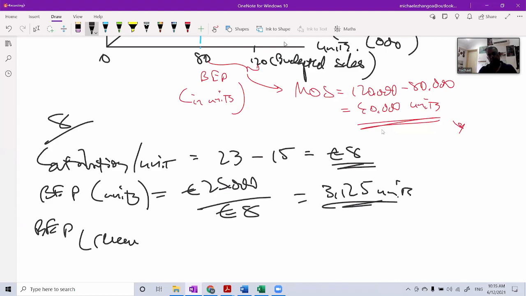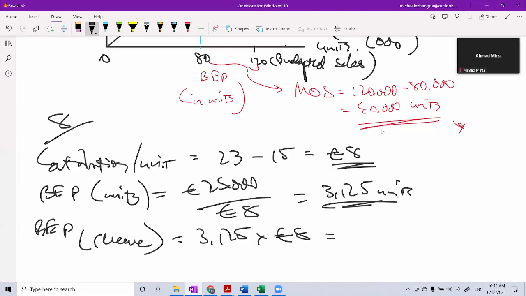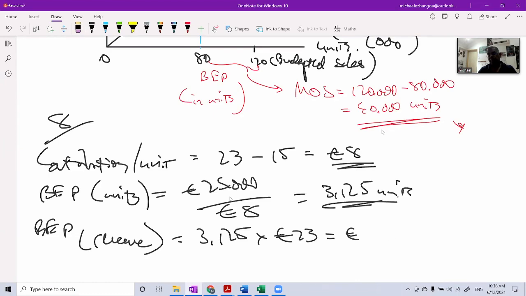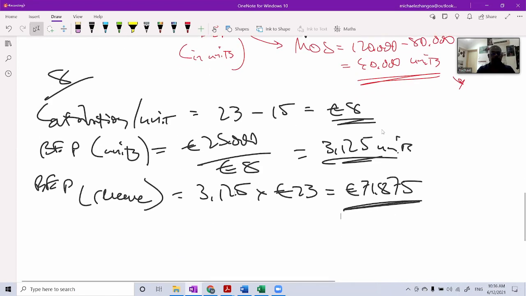Break-even point revenue: 3,125 times, not 8, sorry, selling price is 23. That is 71,875. Okay.